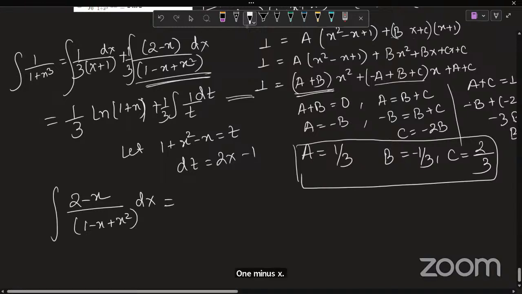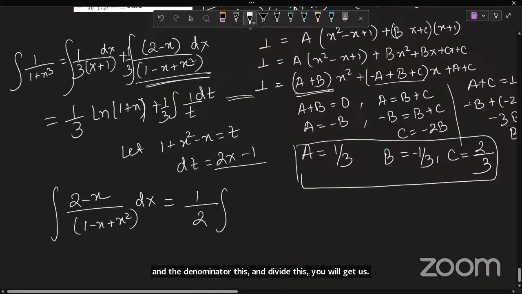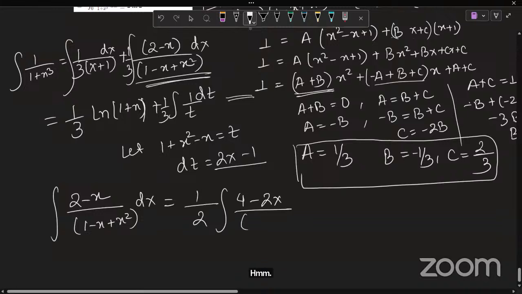So we need in the numerator 2x minus 1. So what we can do, just multiply the upper numerator and the denominator. Multiply this and divide this. We will get as what? 4 minus 2x, 1 plus x, 1 minus x plus x square dx, right?